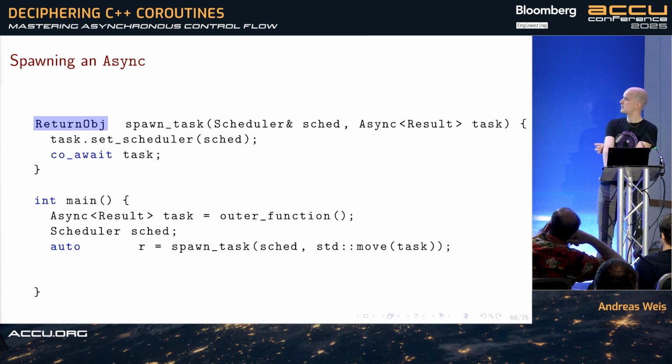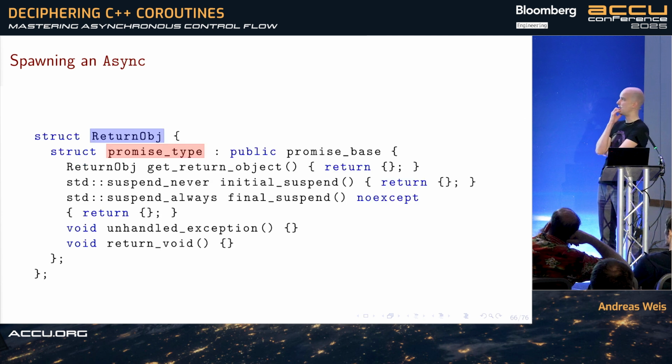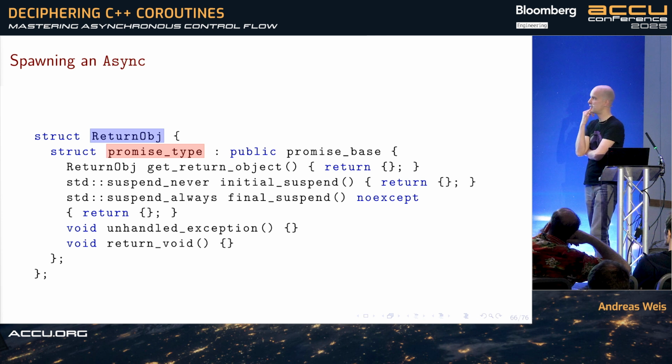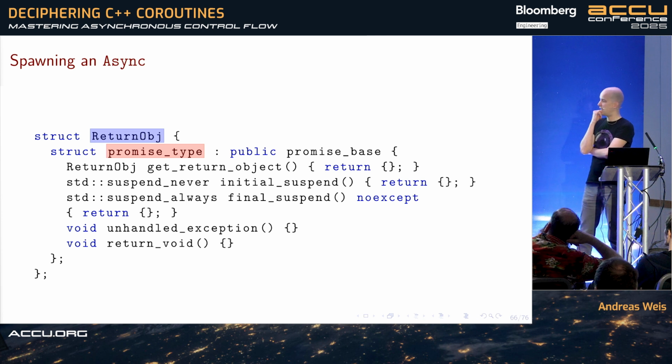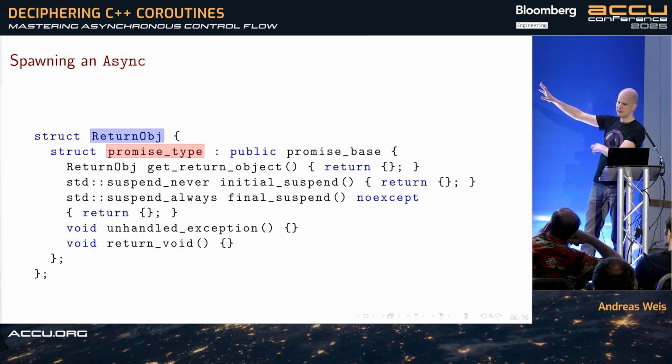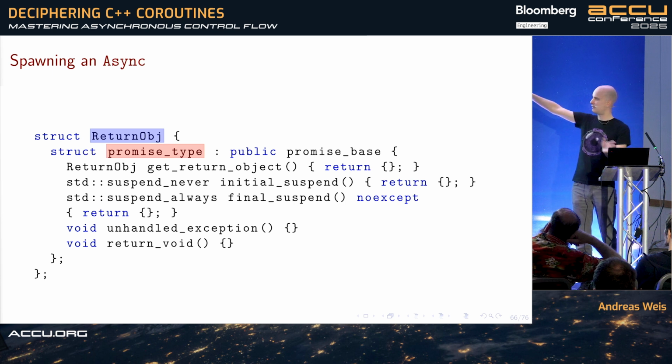So let's look at this return object. It's pretty boring, actually, because it doesn't have to do anything. It's just suspend never initially, suspend always on final. And we didn't think yet about how to get the return value back to main, so that's all empty.